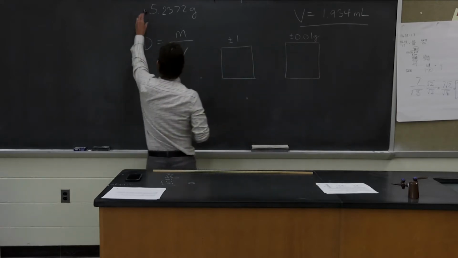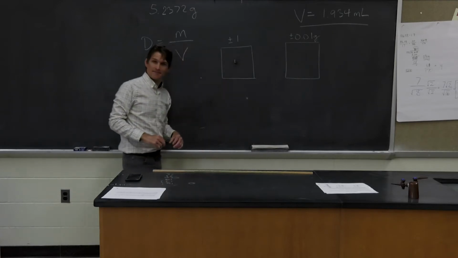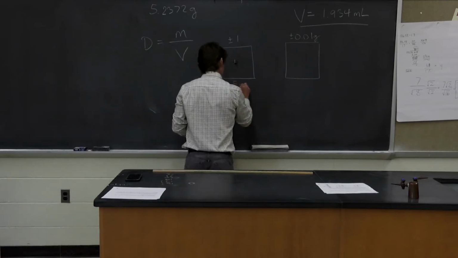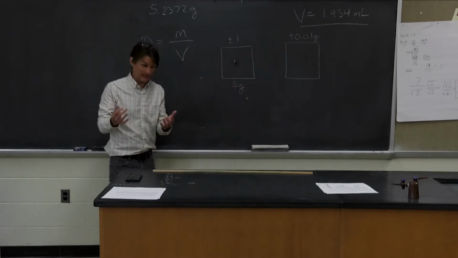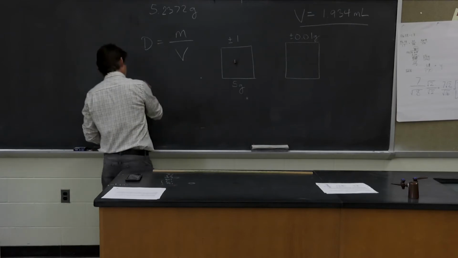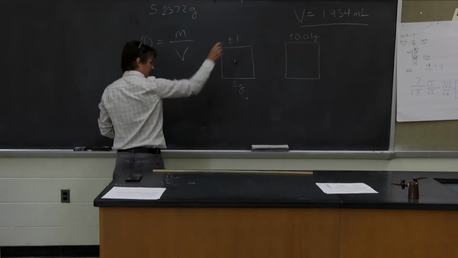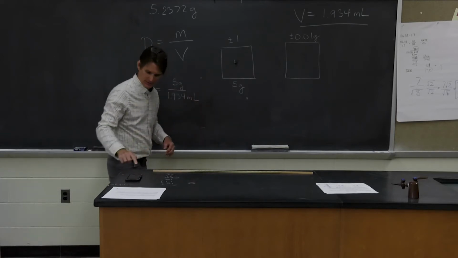The student places the object on this balance and says that's 5 grams. Now they calculate the density as 5 grams divided by 1.934 milliliters. Let's see what that comes out to.